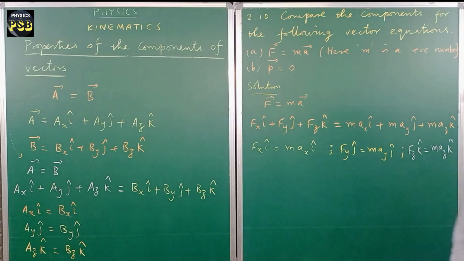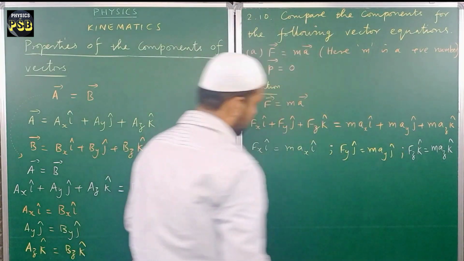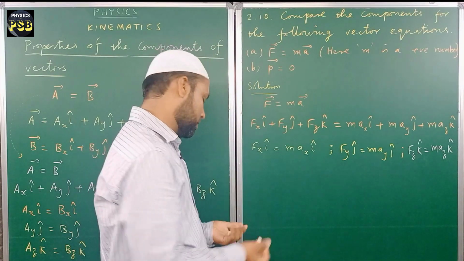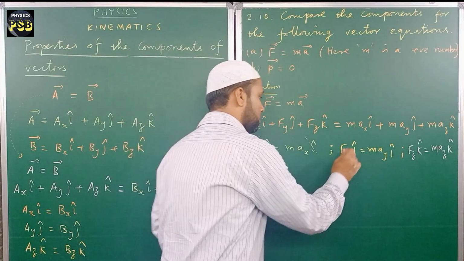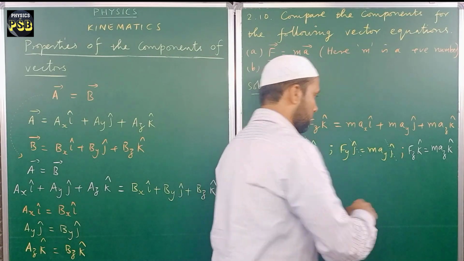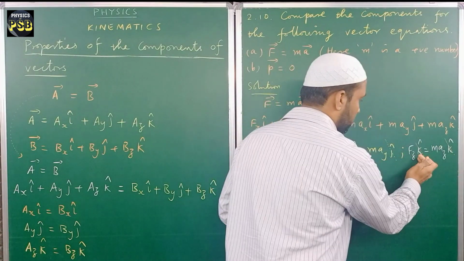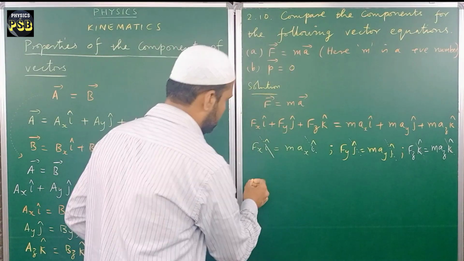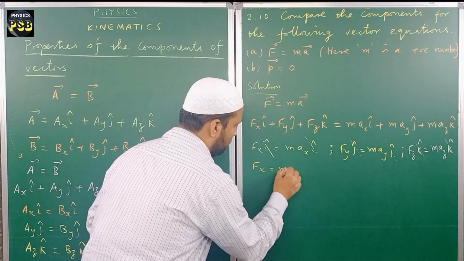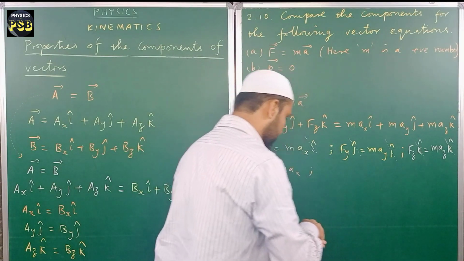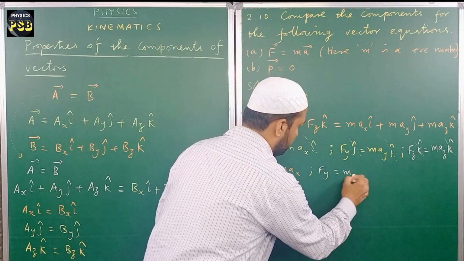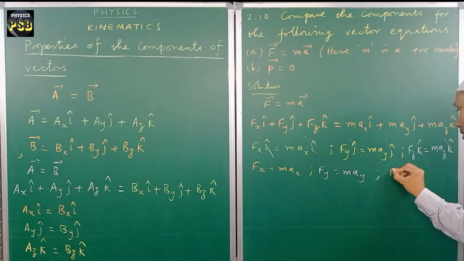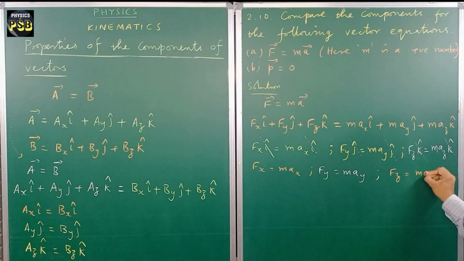Now in all these equations, both sides have the same unit vectors, so we can cancel them, because when they are taken to the other side, they divide and become 1. So these equations can be written as Fx equals m ax, Fy equals m ay, and the third one is Fz equals m az.